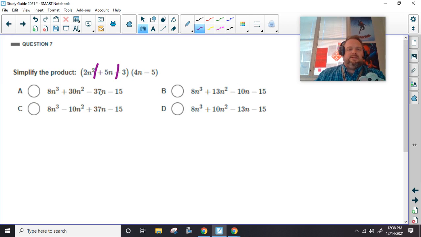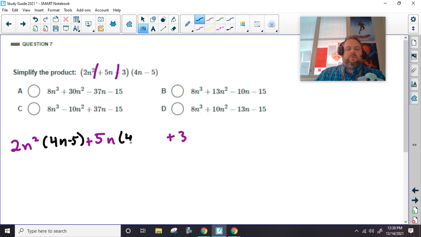I had a student in second block tell me when we did this in class that if I cut this like this and do a triple distributive, it seems weird, but all your like terms are right there. You don't have to look for them. And I was like, awesome.